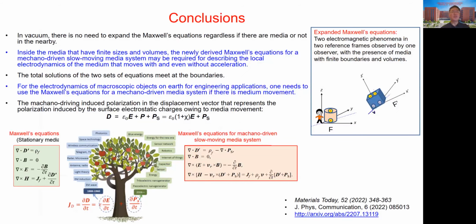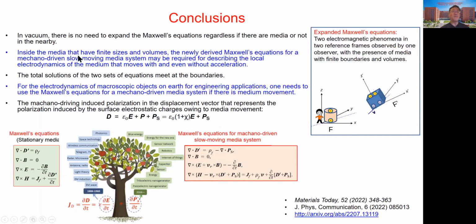So in conclusion, first, in a vacuum, there is no need to expand the Maxwell equation, regardless of whether there is a medium nearby. That means if I look at the field in a vacuum with a medium around, whether this medium is moving or not doesn't matter. I still use the standard Maxwell equation.